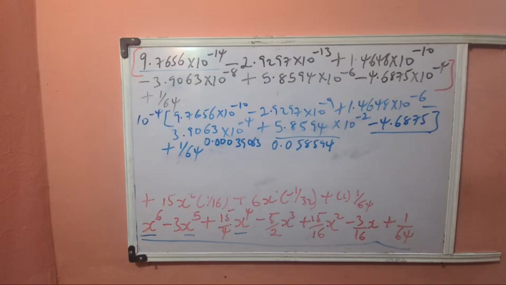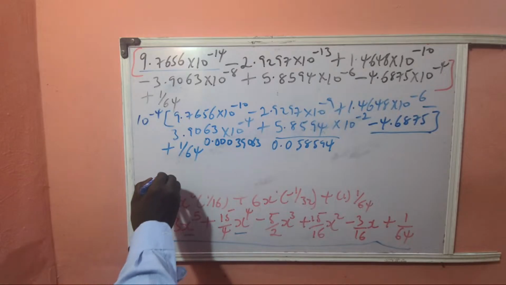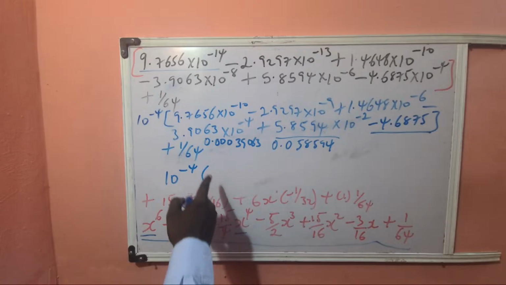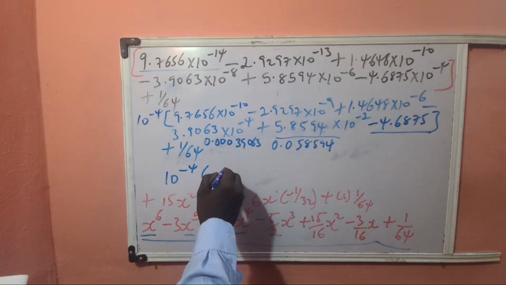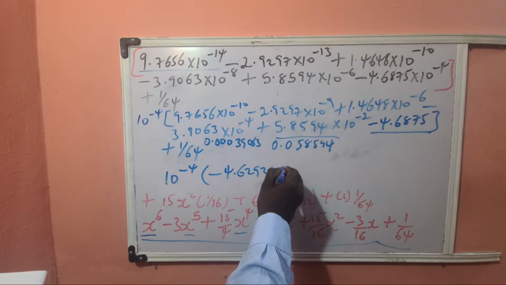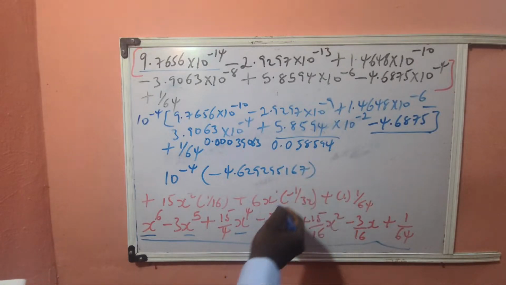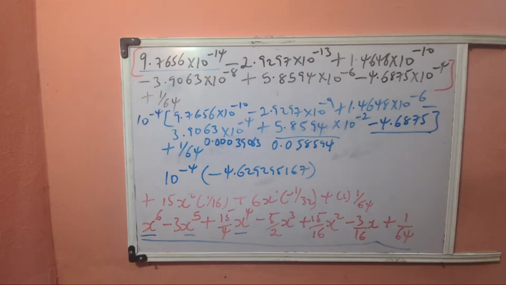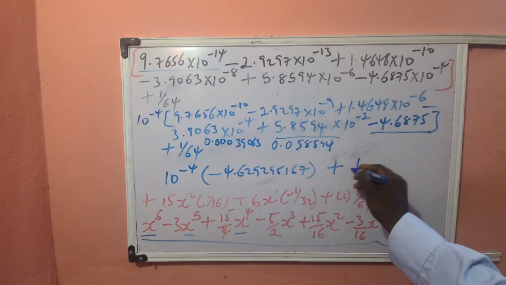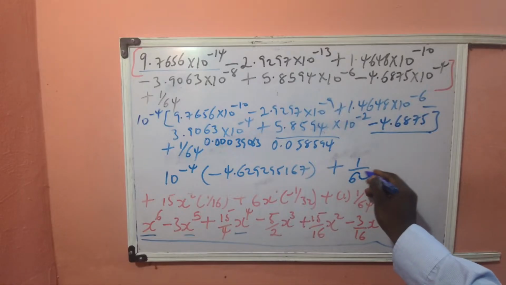Just for the sake of those of you interested, because I don't want to show you all my notes at this point, let me just tell you, I arrived at a place where I got to 10 raised to the power minus 4, and all that was in the bracket, I was able to dissolve it to minus 4.629295167. I always love to preserve my decimals because I don't want to lose a chunk of the figures.